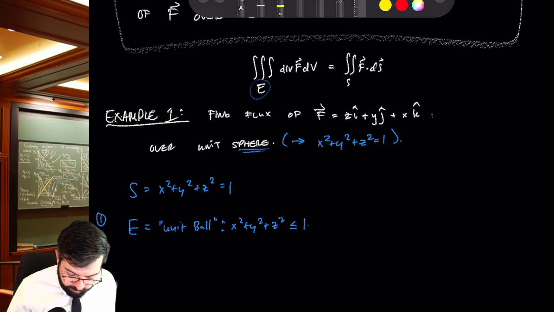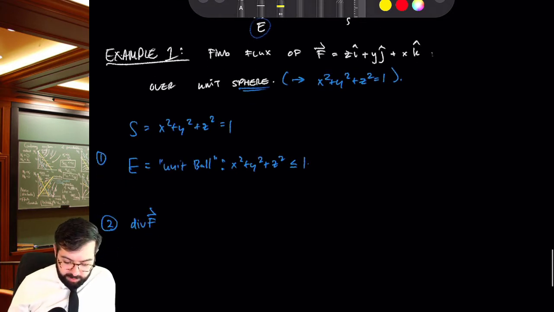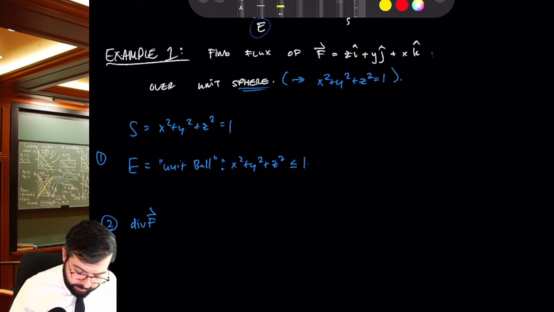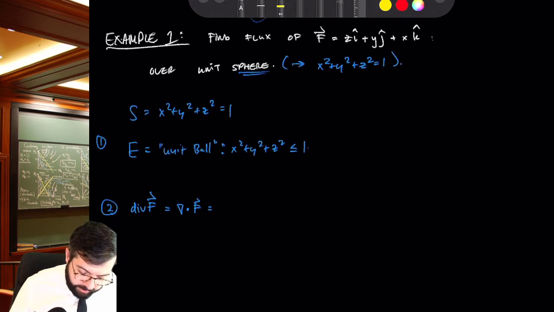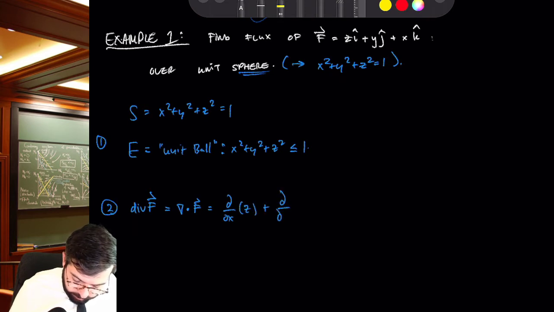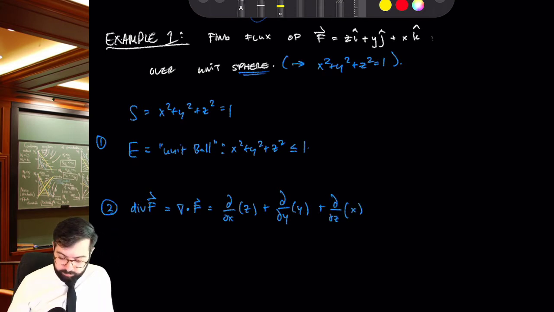We need to figure out the divergence of F. And it might have been a while since you've computed this. Remember that this is the gradient dotted with the vector field. So we're really just taking the partial with respect to x of z plus the partial with respect to y of y plus the partial with respect to z of x.